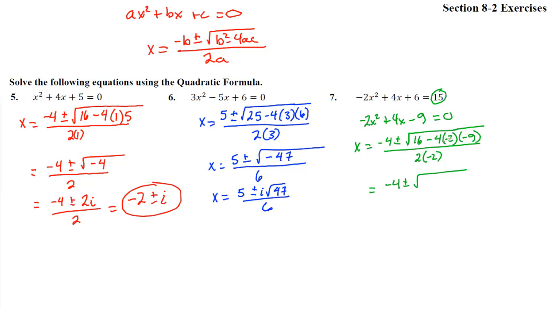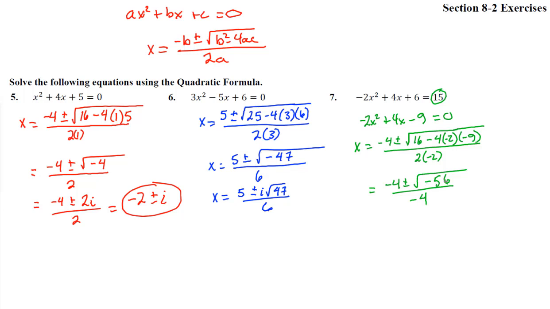That's negative 8 times negative 9. That's a plus 72. No, that's negative 4. That's a positive 8 times a negative 9 is a negative 72. 16 minus 72 is negative 56. There we go. All over negative 4.